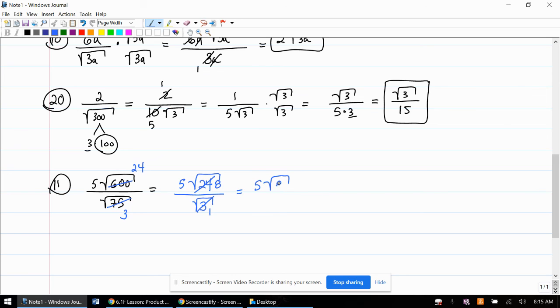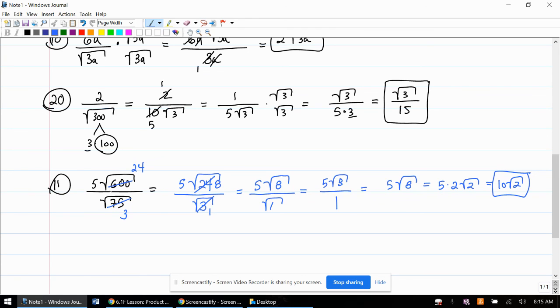5 root 8 over, technically root 1 if you want to see that, which is just 1, which is just 5 root 8. And in a previous one, I did root 8, which was 2 root 2, which is 10 root 2. So if you notice you're getting a huge mess, and although this might look messy, it isn't a mess.